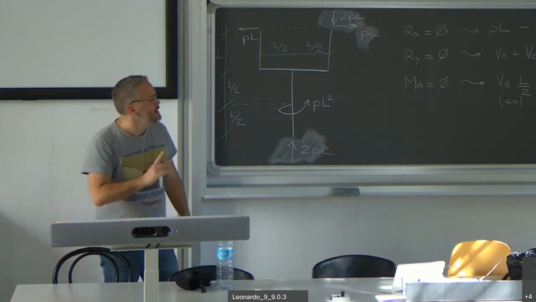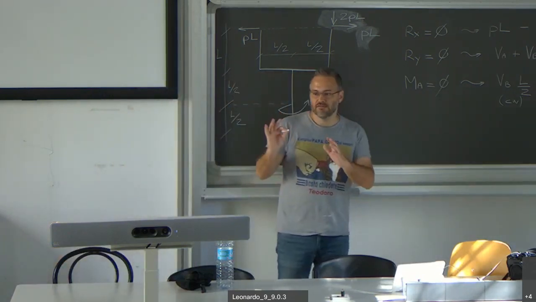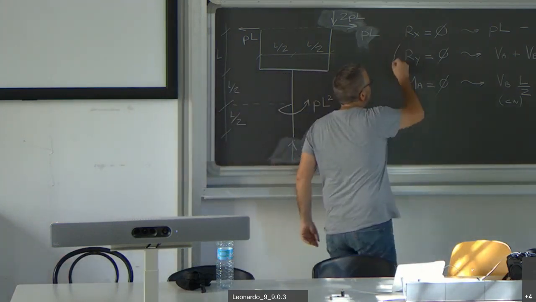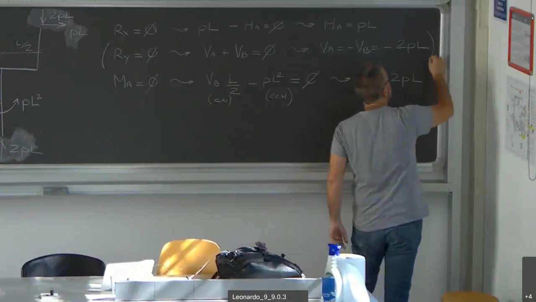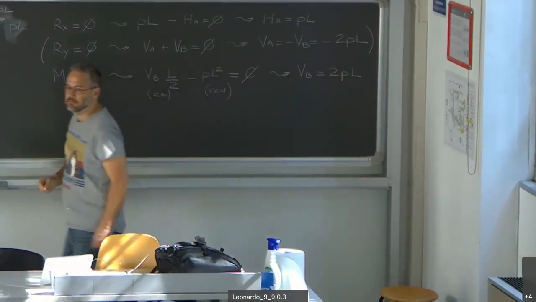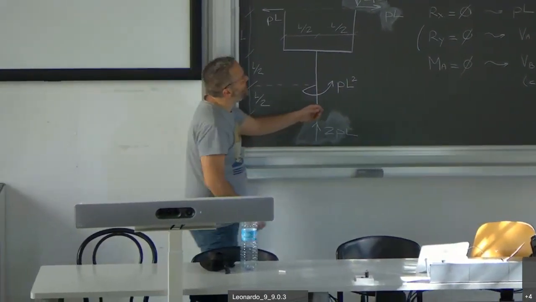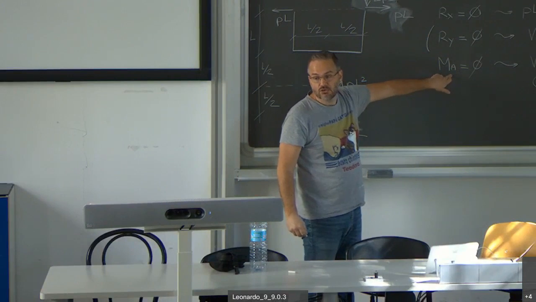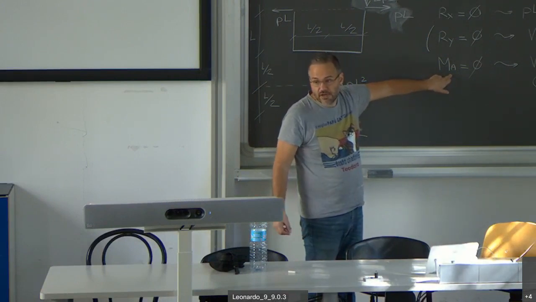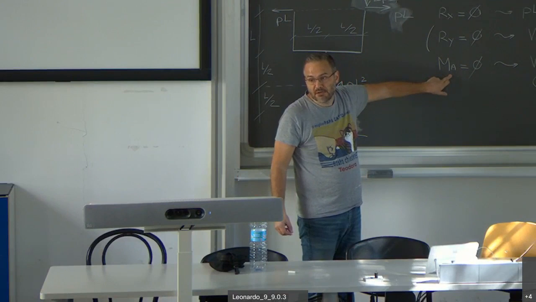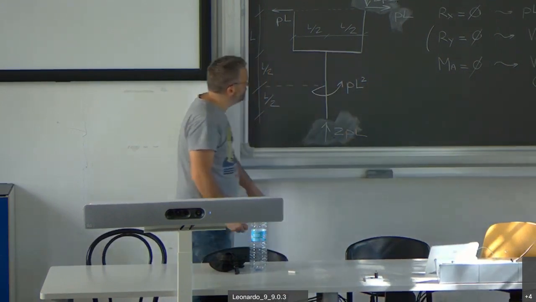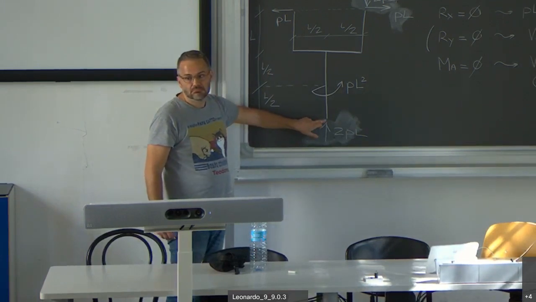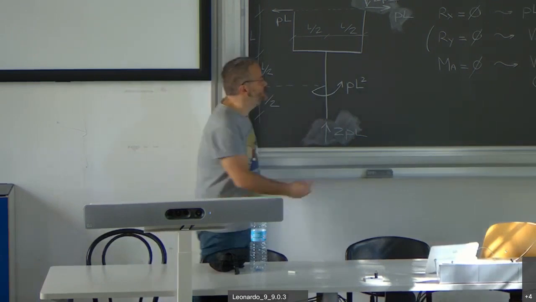Got it? Now, just to point out one very important concept. Forget this. And suppose that after writing this equation, I had gone directly to this one. To get VA, I could write another equation. What would that be? It would be, for example, MB equal to 0.